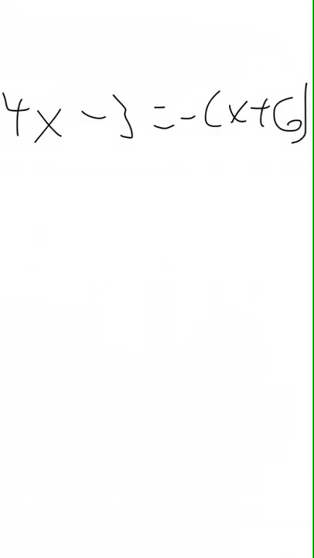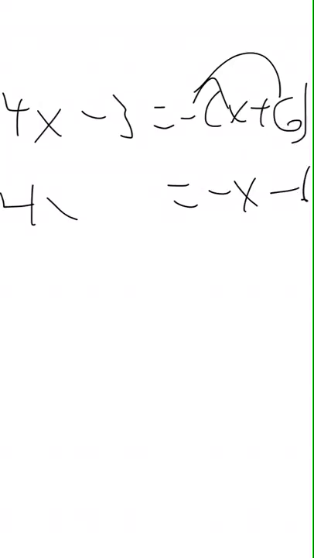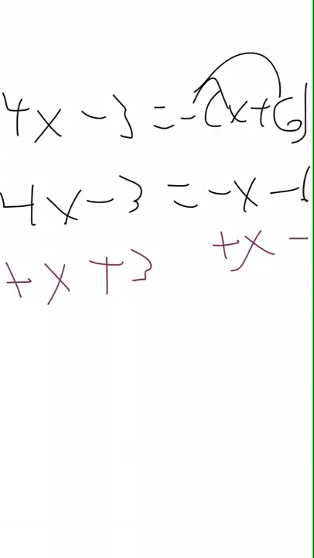Now if you solve the other equation and distribute the minus, you would have minus x minus 6 is equal to 4x minus 3. Now if you combine like terms, add x to both sides, and also add 3, on the right hand side you can't see that, but that's negative 6 plus 3, which would be minus 3.